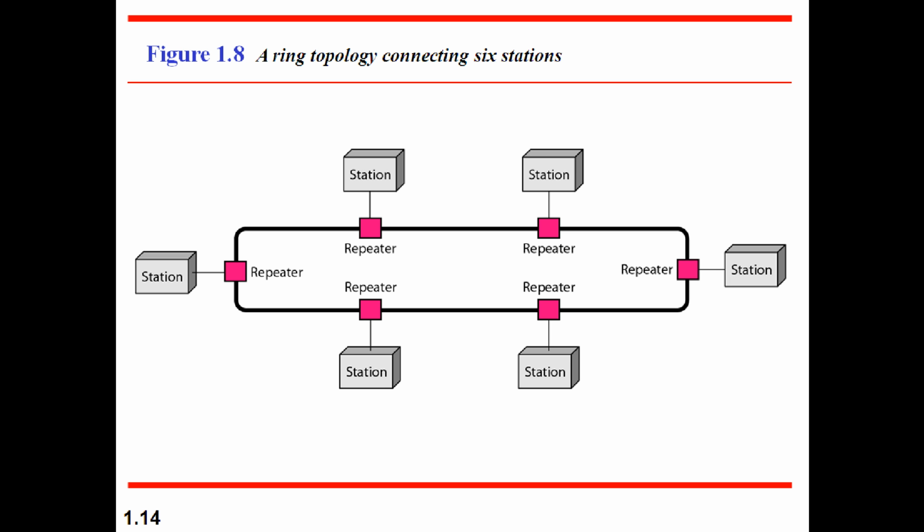A ring is relatively easy to install and reconfigure. To add or delete a device requires changing only two connections. However, unidirectional traffic can be a disadvantage. In a simple ring, a break in the ring can disable the entire network. This weakness can be solved by using a dual ring or a switch capable of closing off the break.